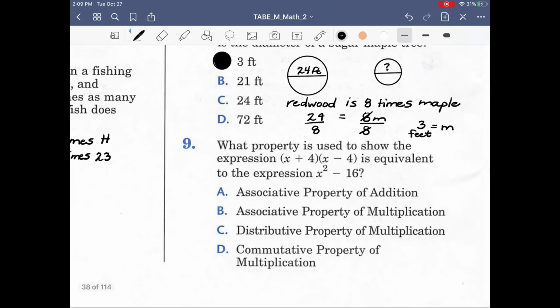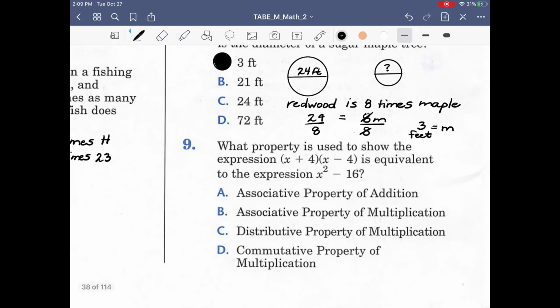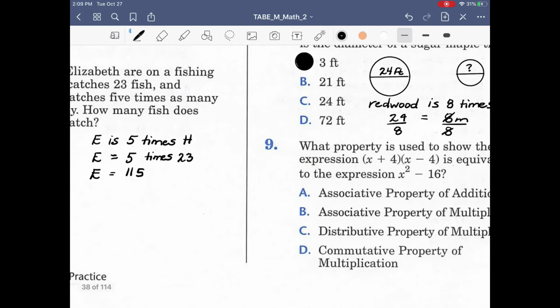Number 9. What property is used to show the expression is equivalent to the expression? So they want to know how I would move from this to this.